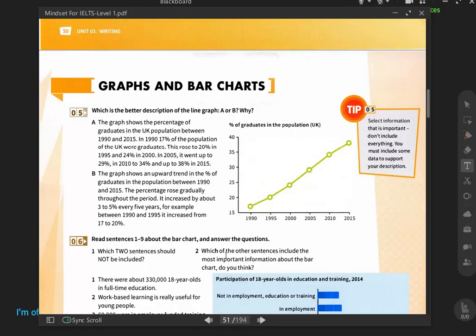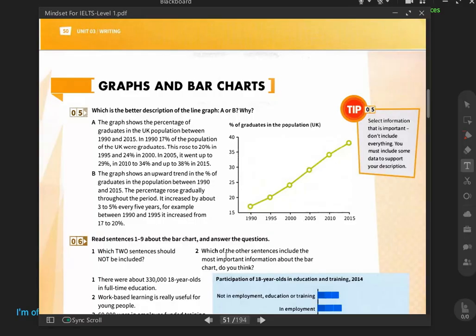The graph shows the percentage of graduates in the UK population between 1990 and 2015. In 1990, 17% of the population of the UK were graduates.